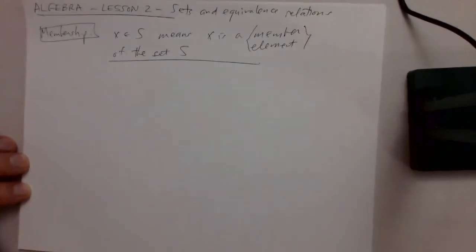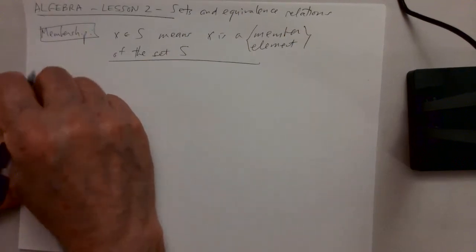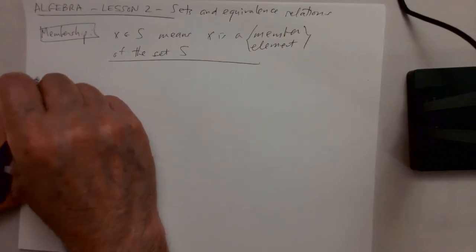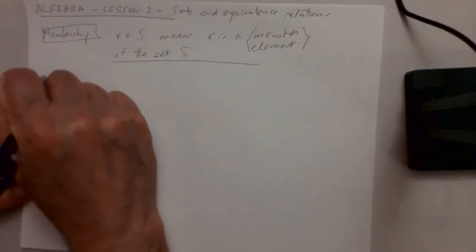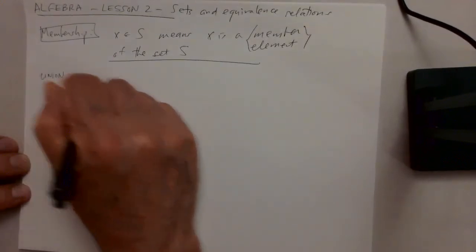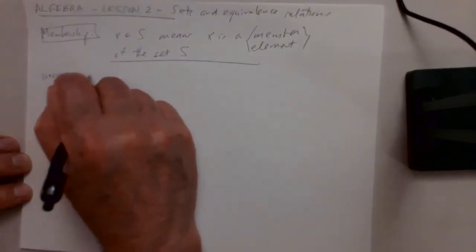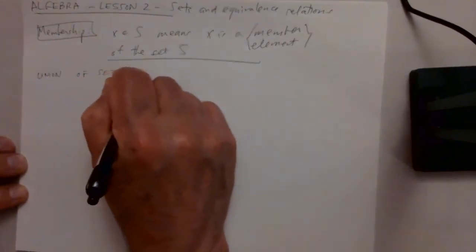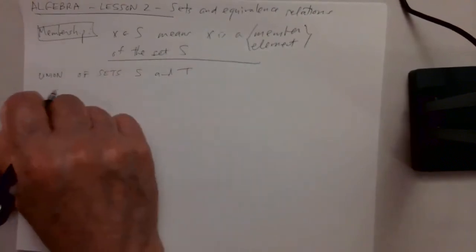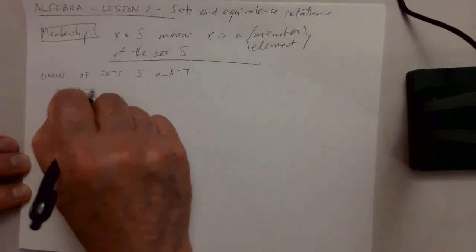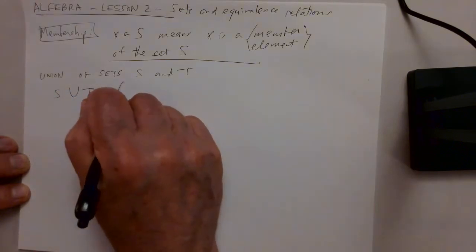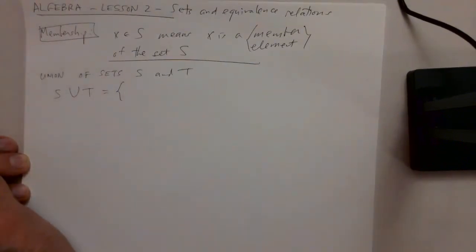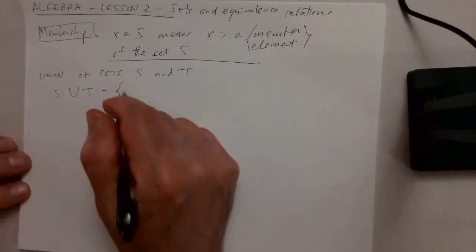And if we have several sets, there are some simple operations we can perform on them. For example, union. So the union of two sets S and T, the notation S ∪ T, is the set of all X. You often write sets as elements inside curly brackets.